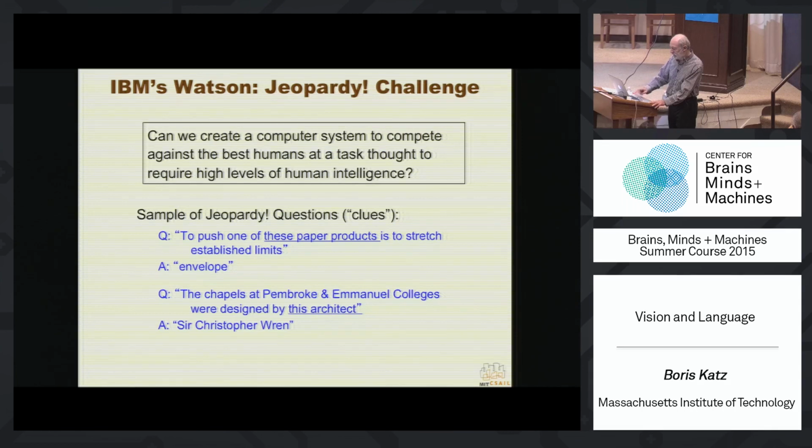Yeah, people often ask me to say a few words about Jeopardy. The question that the IBM team was hoping to answer was actually a very important question. Can we create a computer system to compete against the best human in a task which is normally thought to require a high level of human intelligence?